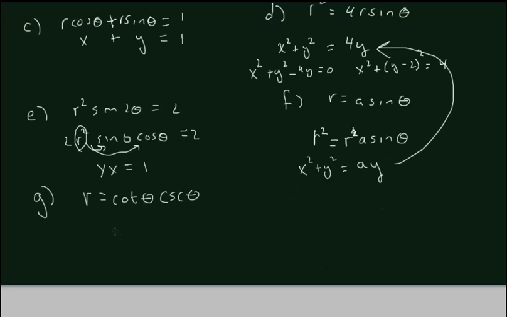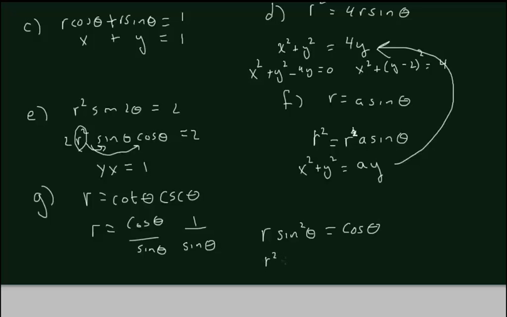Okay, last one is G. r equals cotangent theta cosecant theta, and there are several ways to do this, but we recognize cotangent as cosine theta over sine theta. Cosecant is 1 over sine theta. If we multiply that to both sides, we have r sine squared theta equals cosine theta.